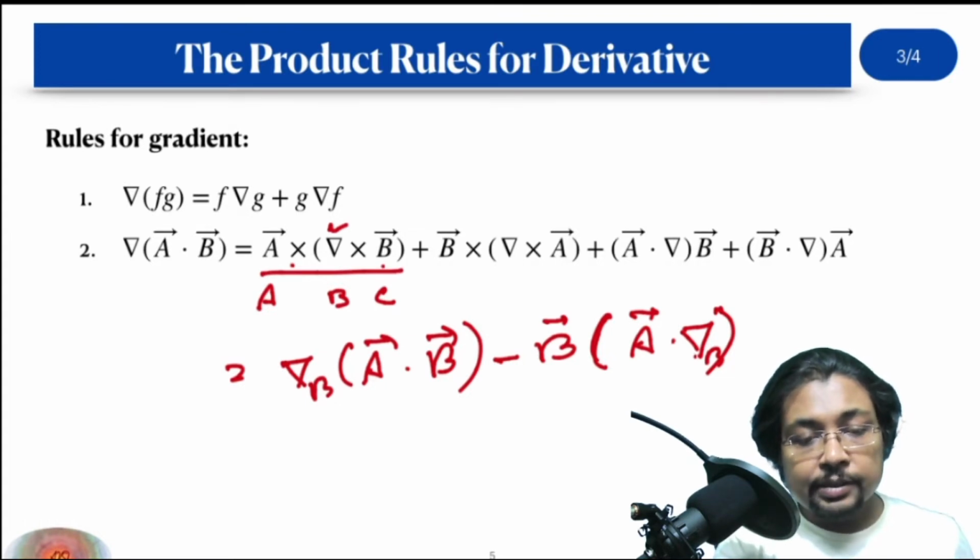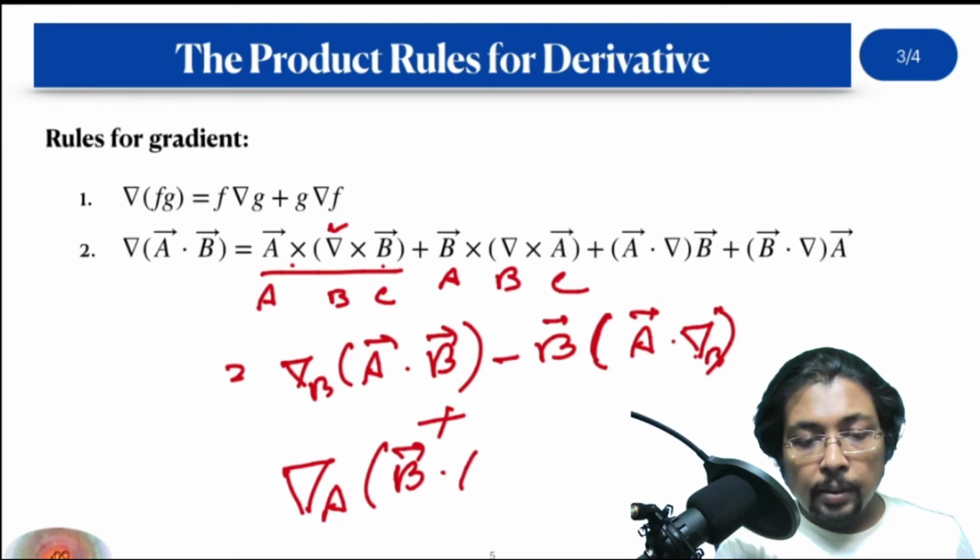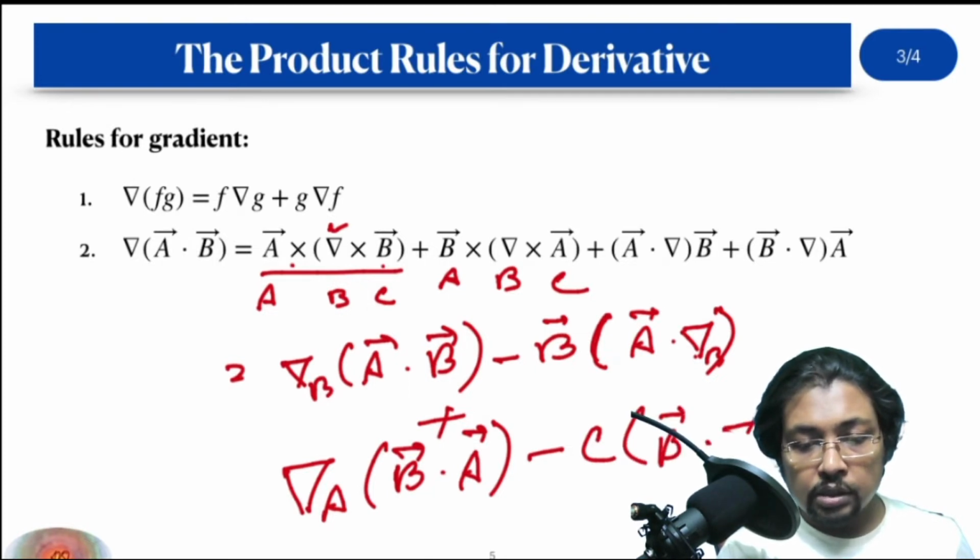Similarly, for the second case, this will be A, this will be B, this will be C. So we can write plus B means this one, and right now this one is operating over A, so we should write A, BAC. So this is the B dot A. BAC minus CAB, C, A means B, and this one.